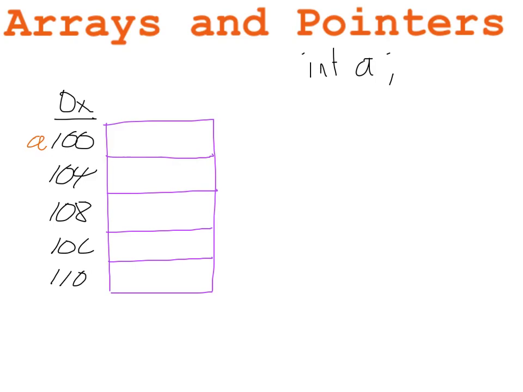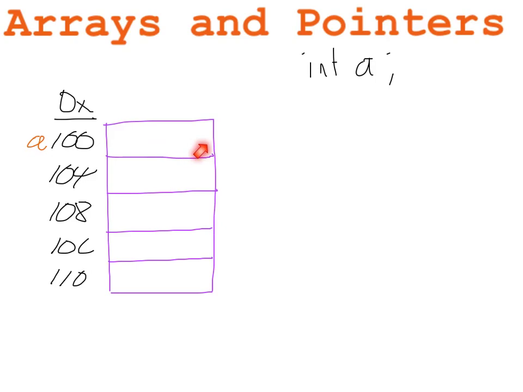We don't. We want to work in terms of variables and names because that makes sense to us as human programmers. The point is that A and address 100 are two different ways to talk about the same physical location in memory. Whether we say address 100 or A, we're talking about these 4 bytes from address 100 through address 103.